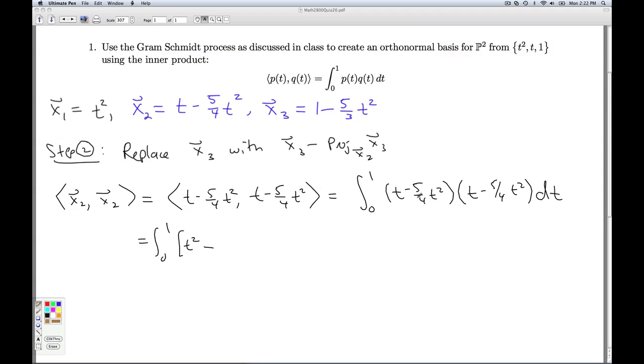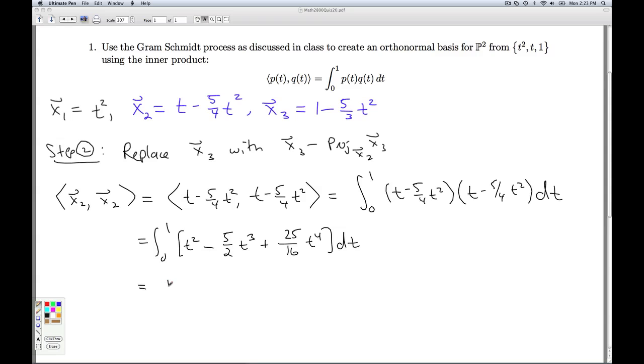I'll redo that. I'm going to get t squared, minus 5/4 t cubed minus another 5/4 t cubed, so minus 5/2 t cubed, plus 25/16 t to the 4th dt.